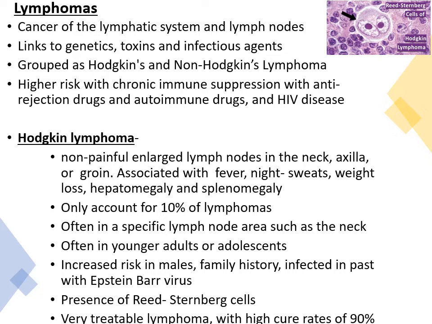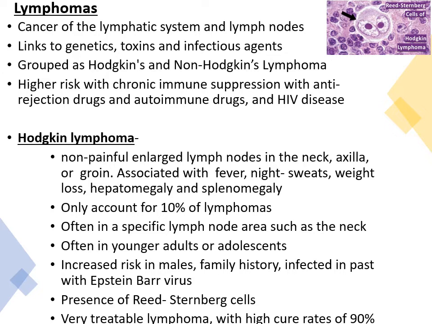Okay, so Hodgkin's lymphoma. So this is typically a younger person, and it's often non-painful in large lymph nodes of the neck, under the armpits, and in the groin. And often patients will come in with these swollen lymph nodes in these areas and have fever, night sweats, weight loss.